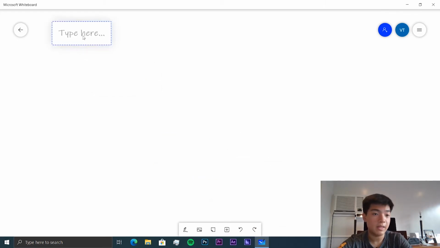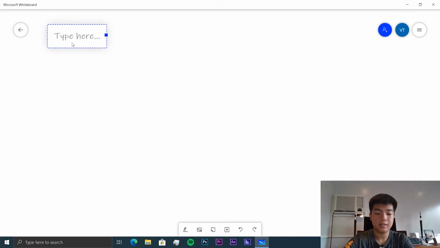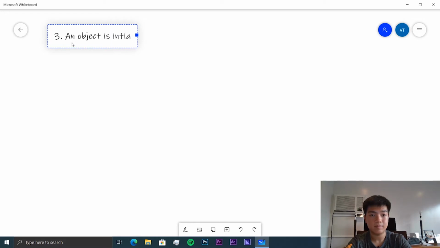And the next one, we have an object that is initially at the origin.